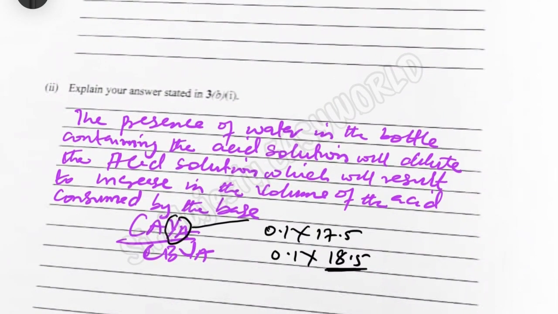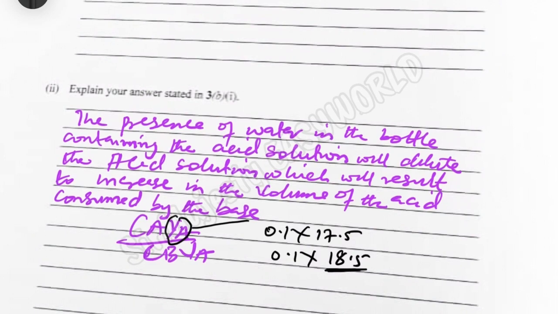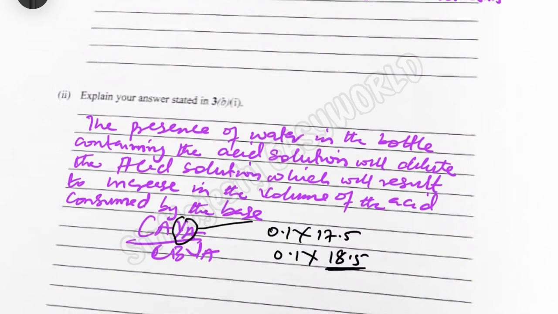In that case, remember, diluting the acid will automatically lead to more of the acid being consumed. Then diluting the base will lead to less of the acid being consumed if you are titrating the acid against the base, which is always the common approach. We don't usually titrate base against acid, rather acid in the burette being poured gradually into the base.